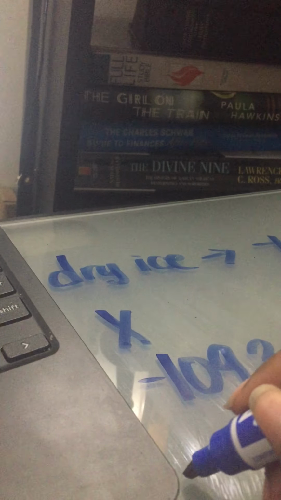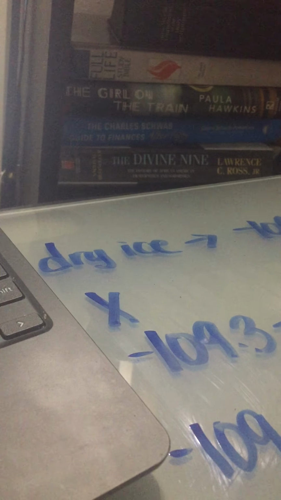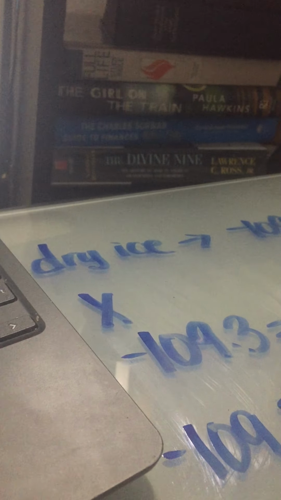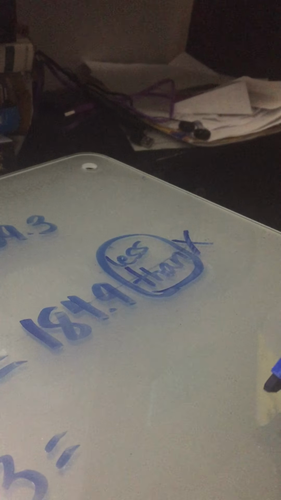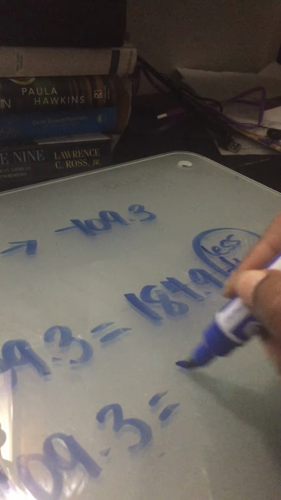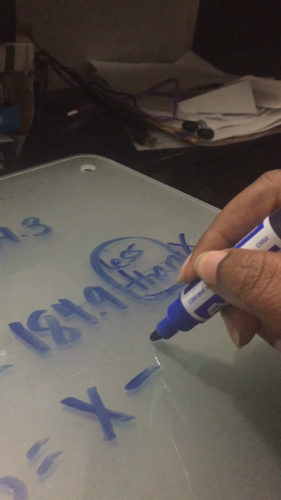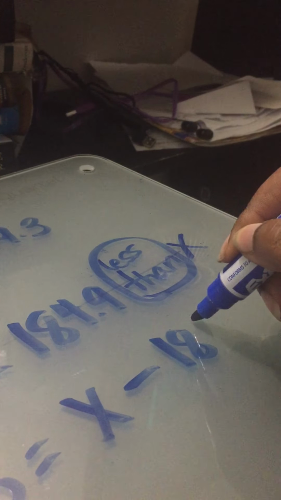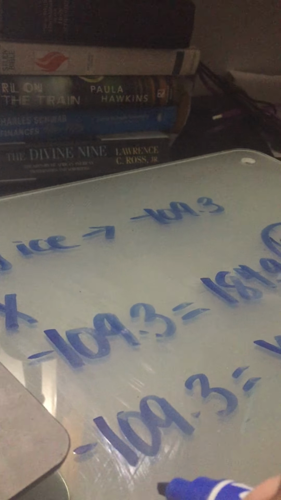Less than X. So that means that negative 109.3 is, since it's less than X, that means that X minus 184.9 is this number right here.